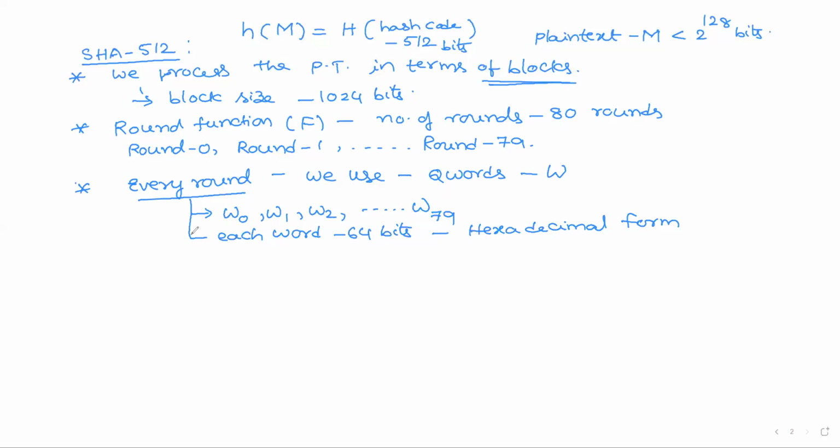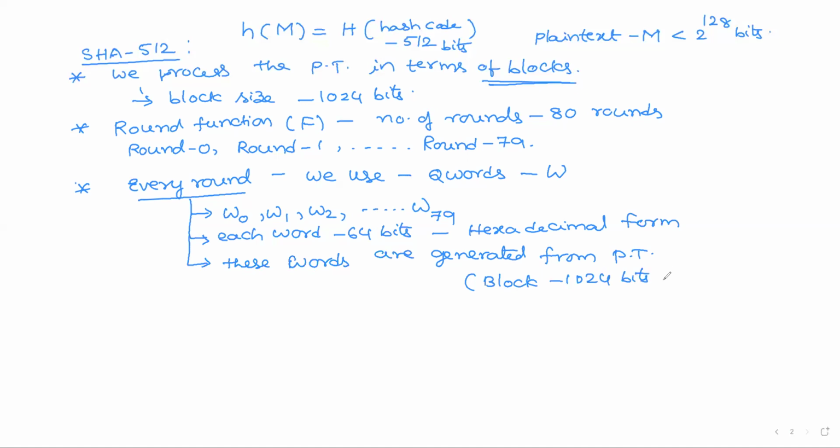So how to generate these words? These words are generated from the plain text, mainly from every block that you are using, which is of 1024 bits.